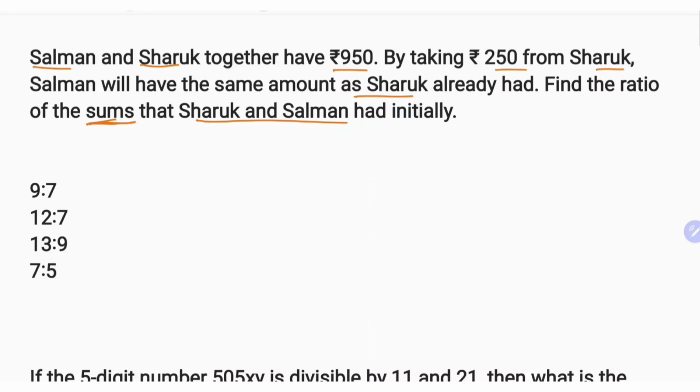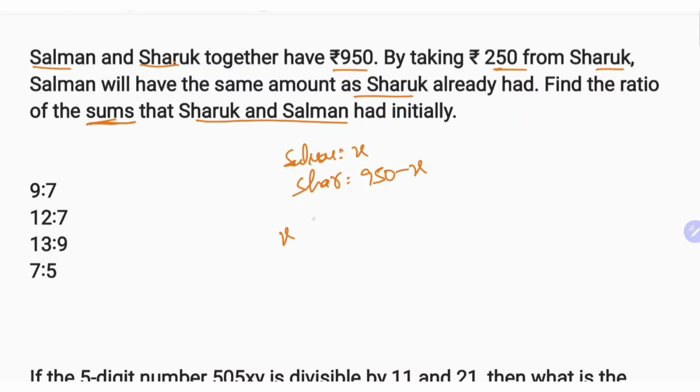Here, suppose Salman had x rupees, then Shahrukh had 950 minus x. Clear? By taking 250 from Shahrukh, Salman will have the same amount as Shahrukh already had.